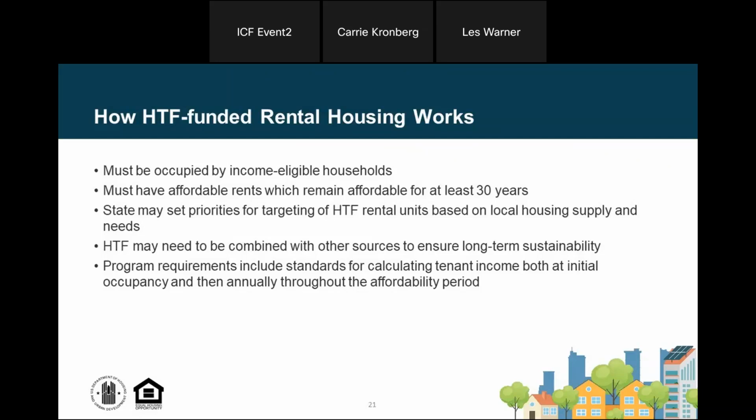If we have Housing Trust Fund investment, those units have a long-term 30-year affordability period where we will, during that period, have to have income eligible households and maintain affordable rents for that project. Now, as we mentioned, each state is adopting a Housing Trust Fund allocation plan.